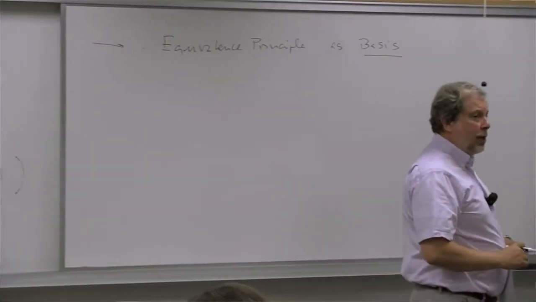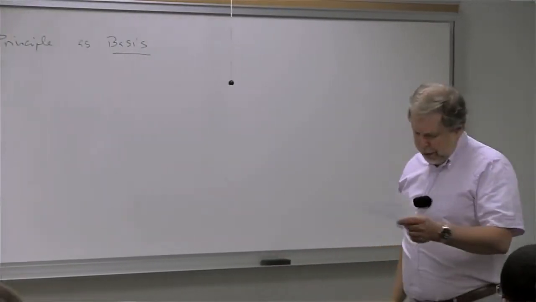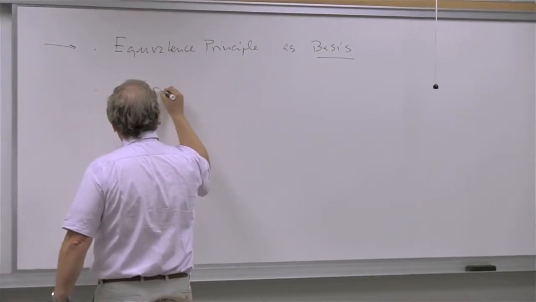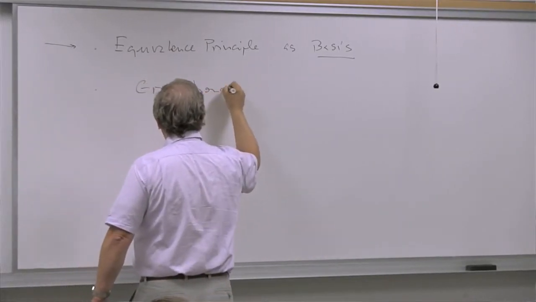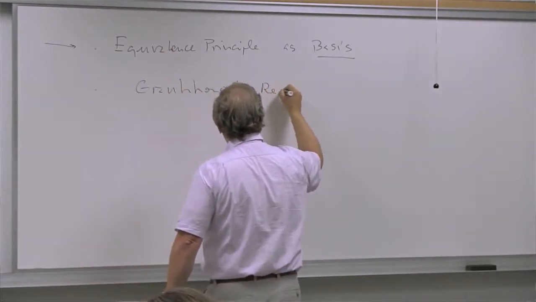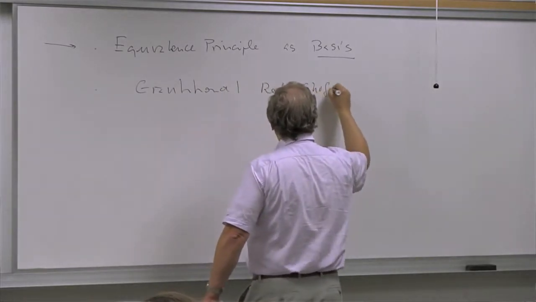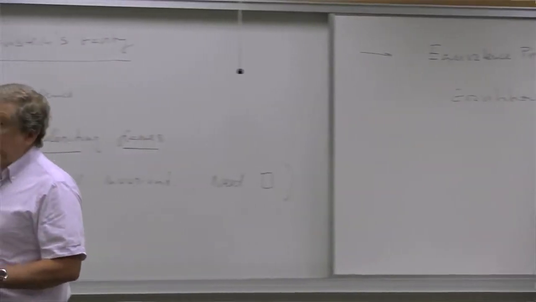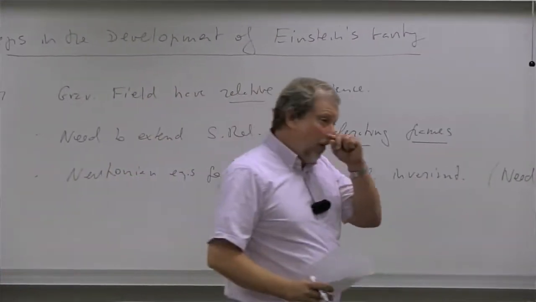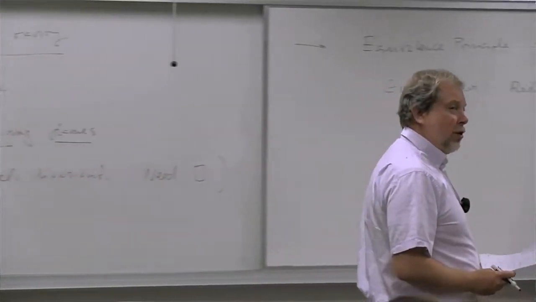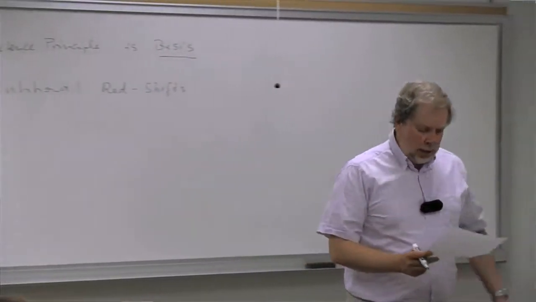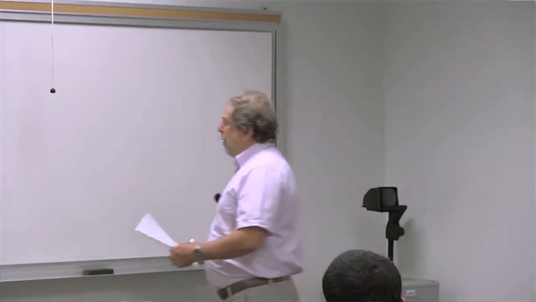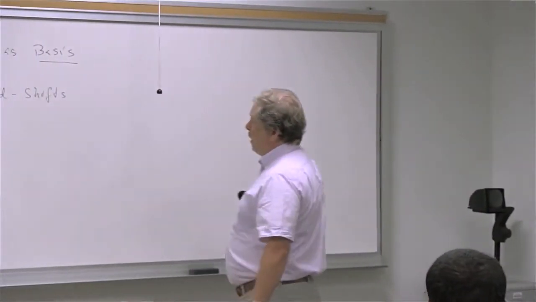Point number two is that you will have gravitational redshifts. That is, if you have radiation, like electromagnetic fields or photons, in a strong gravitational field, there will be effects due to interaction between gravity and the electromagnetic fields.